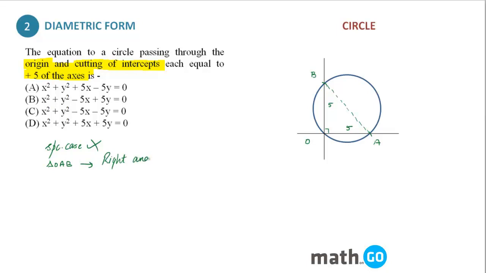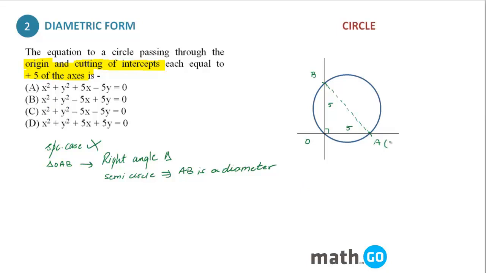Right angle triangle, right? It is a right angle triangle. And we know when this happens in a circle, when this is a semicircle, I can say this implies AB is a diameter. तभी ये possible है भाई, right? Angle in a circle 90 degree हो जाए तो ये कब possible है? When AB is a diameter.